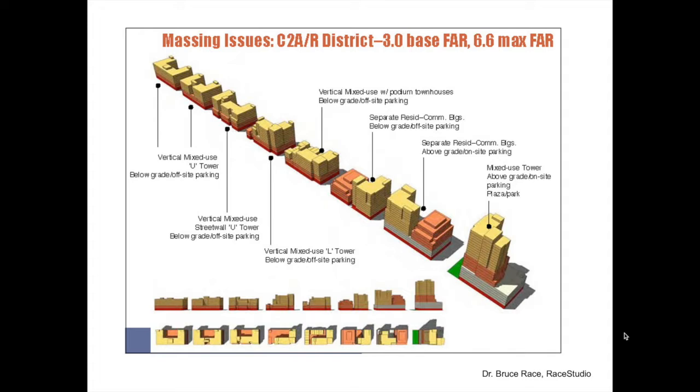So this type of urban infill that we often use follows this general notion of a floor area ratio of 3 with a max of 6.6. So approximately 6 or 6.5 stories, full lot exposure. Look at the land uses though, right?